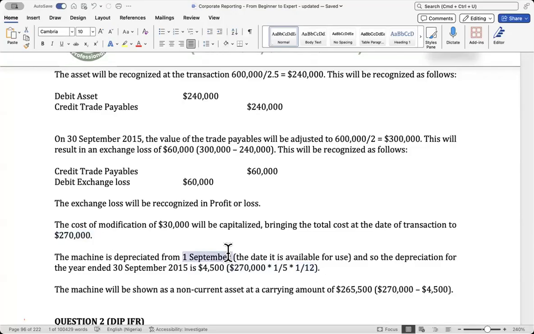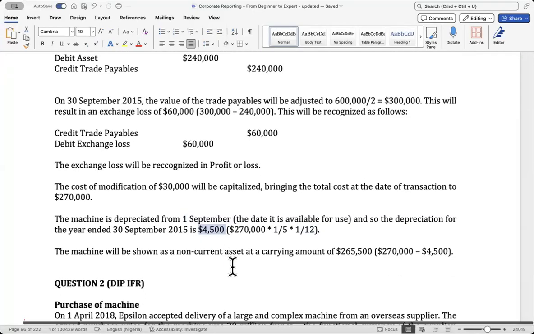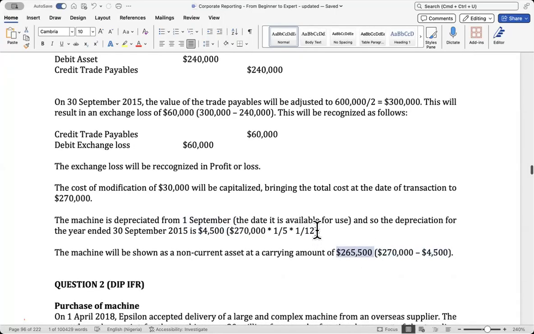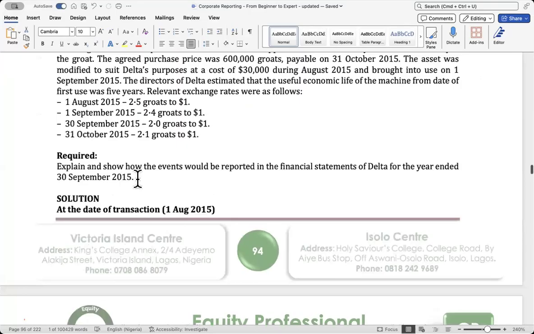Since it was available for use in September, that's just 1 month, so we prorate it by 1/12. Our depreciation is 45. That means the carrying amount of the machine is 270 minus 45, which is 265,000 as at the year end. We stop at that because that's what the question required.